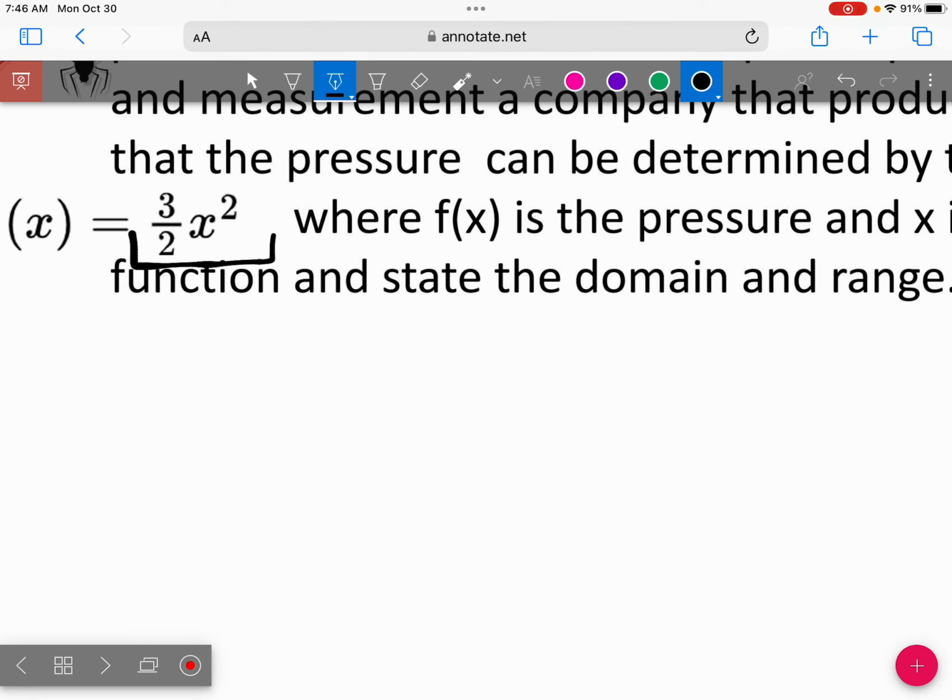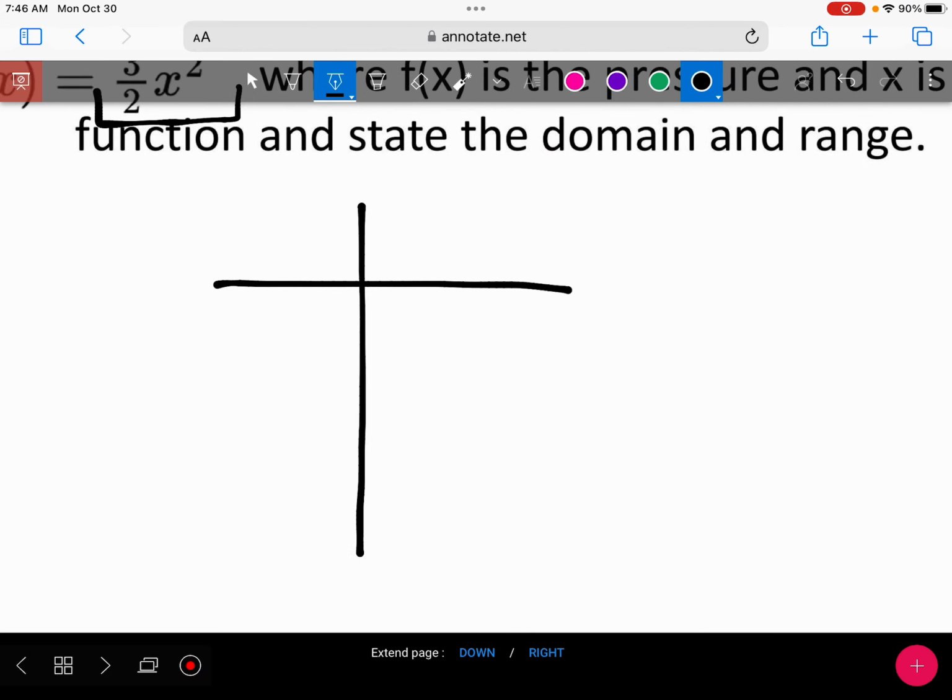We have an x squared here, which means we can make ourselves a little t-table where we pick values of x to find our y. Since we don't have any numbers added on the end, we're going to take that good view of the center, like the parent function that we always started with.